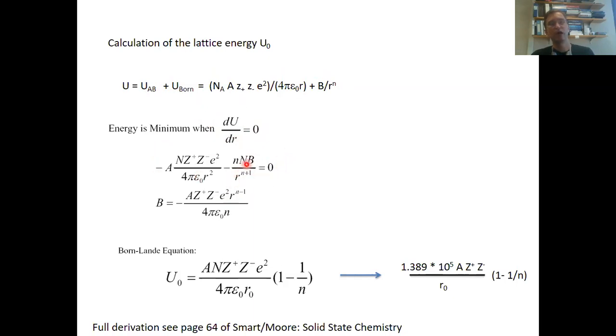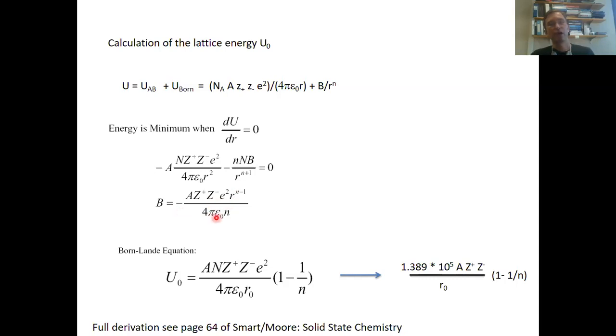Now you can solve this equation for B, and then you have an explicit term for B, which is A times C plus times C minus, the charge of the cation times the charge of the anion, times e squared times r to the power of n minus 1 over 4 pi epsilon 0 n.